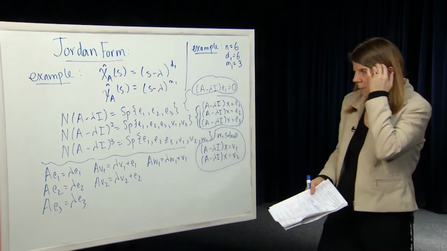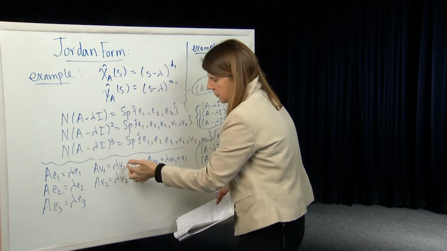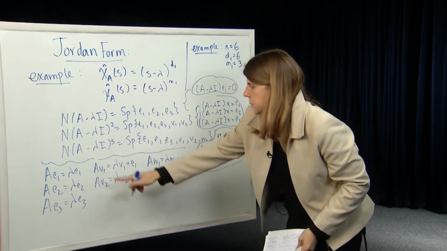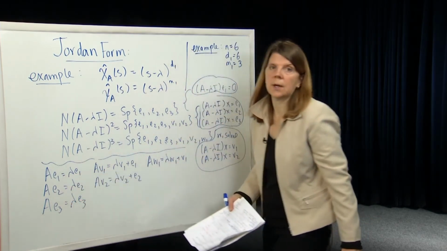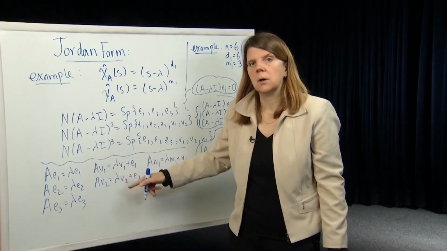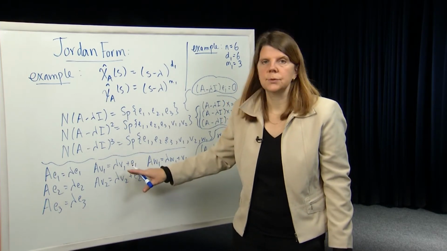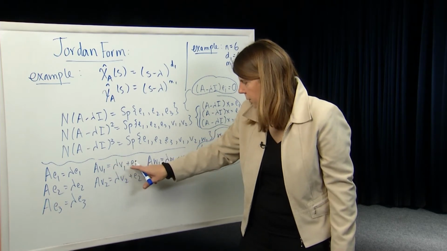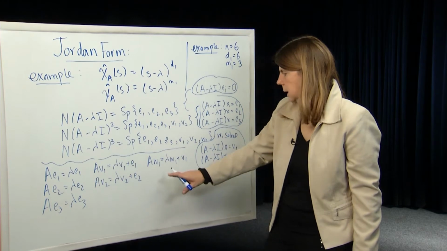So we have these 6 independent vectors, E1 up to E3, V1, V2, and W1, which solve these equations. The E_i's are eigenvectors of the matrix A. The V_i's are called generalized eigenvectors of the matrix A of degree 1, because the equation they solve is of degree 1, since E1 and E2 themselves are eigenvectors.